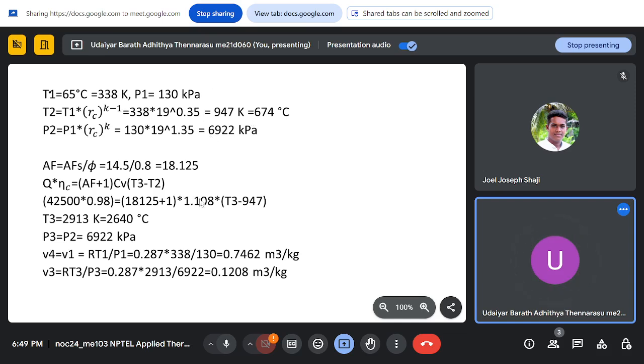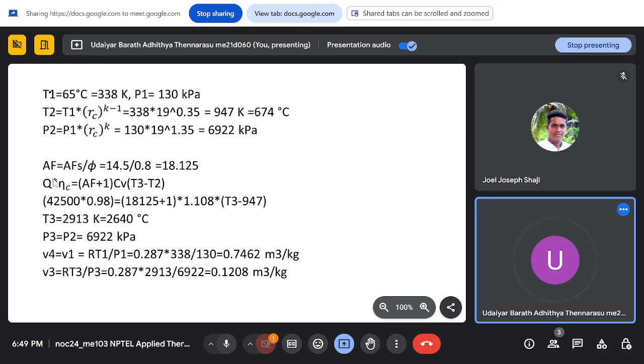Next we need to find the air fuel ratio. As I told, equivalence ratio is the stoichiometric air fuel ratio divided by the air fuel ratio. The stoichiometric air fuel ratio is 14.5 and the equivalence ratio is 0.8, so this becomes 18.125. So your air fuel ratio is 18.125.